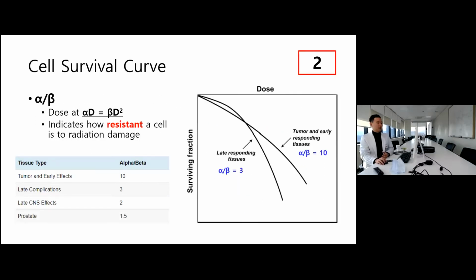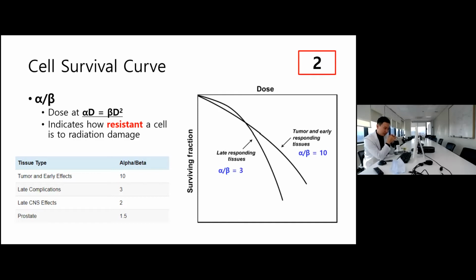So a high alpha beta ratio, like around 10 for tumors, indicates that the single hit damage does not readily accumulate to lethal effect, and there is little increase in cell killing per unit.